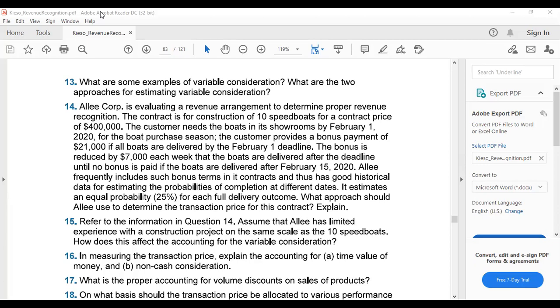So first, there's a 25% chance of 421,000 if by February 1.